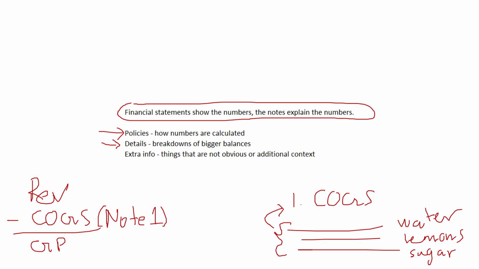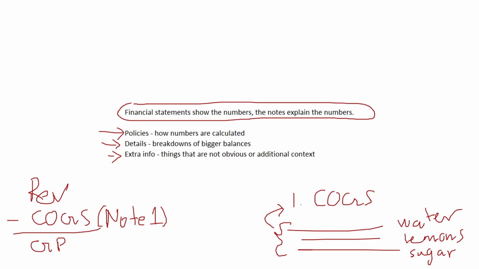Another very common item that gets broken down is the PP&E, plant, property, and equipment. There might be a one-liner, but when you look at the breakdown, it'll tell you how much of that is attributed to property, like a building or land or vehicles. And then finally, you have some extra info. They might want to give you some additional context.